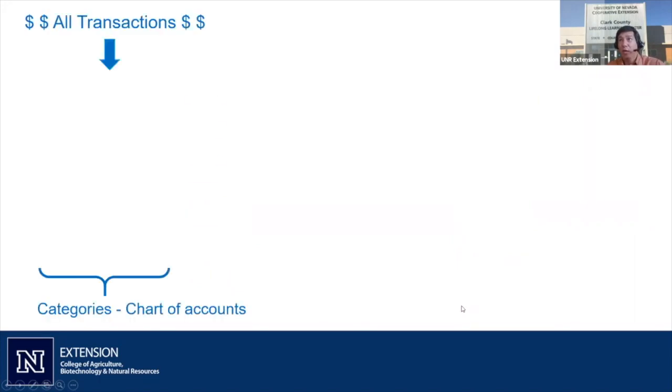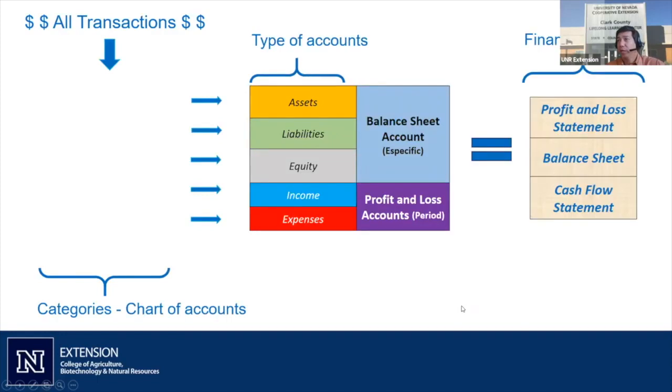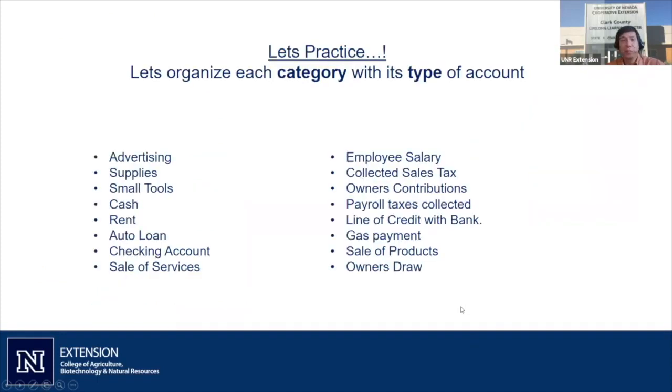This is kind of the same thing. Let's organize each category with its type of account. These are not transactions. These are categories, okay? If you go and buy something at, I don't know, Office Max, you bought a sign.